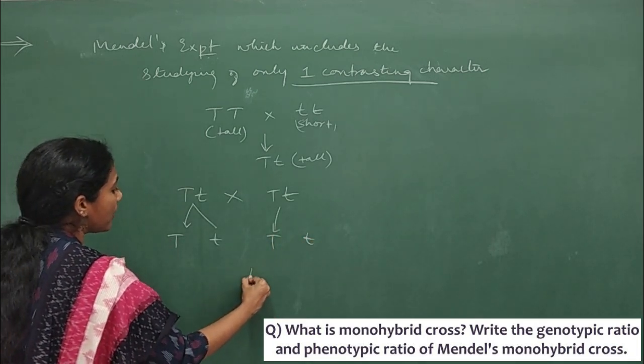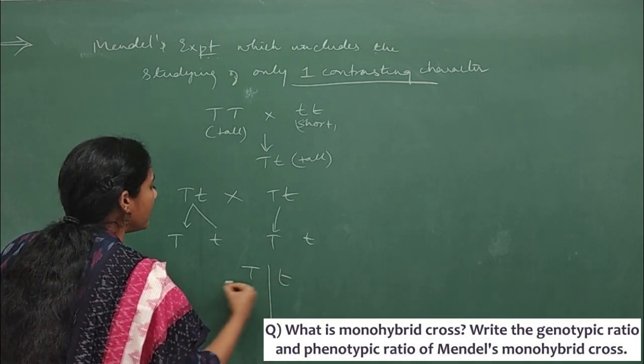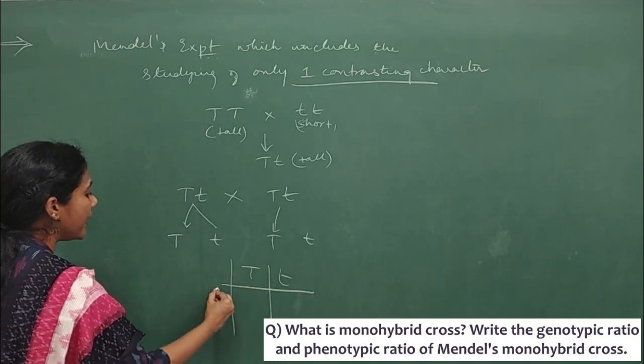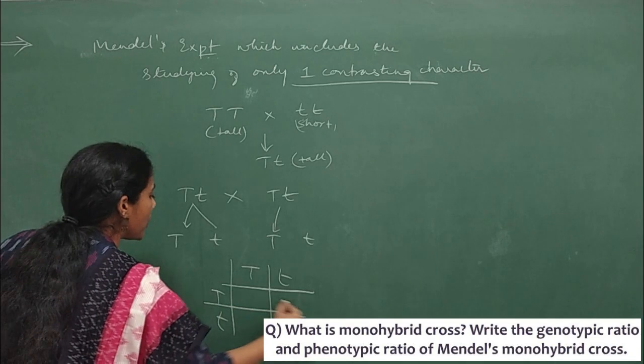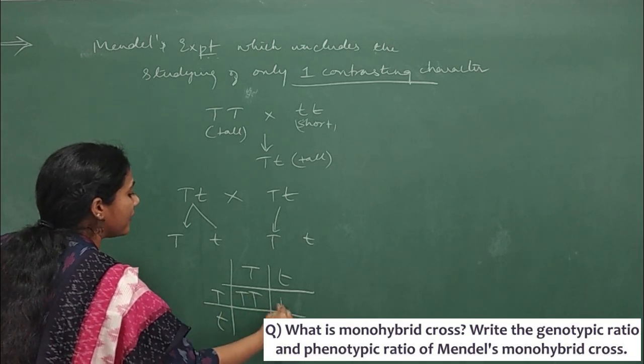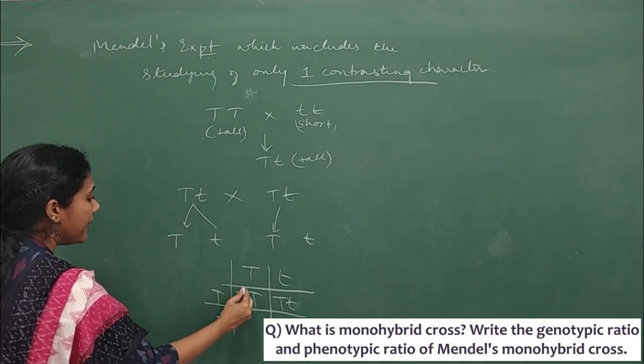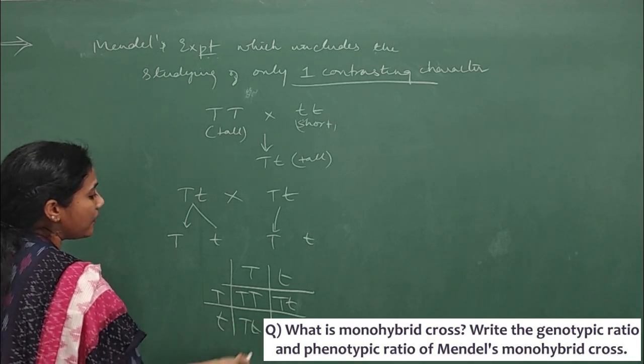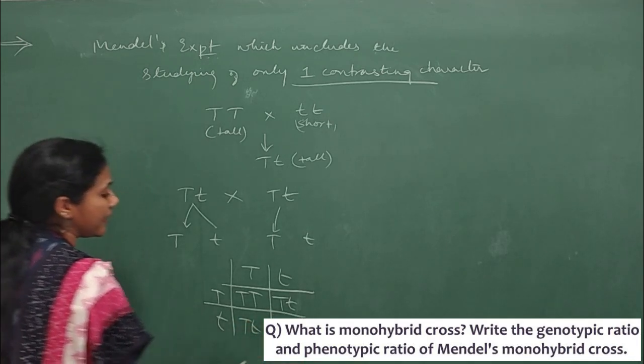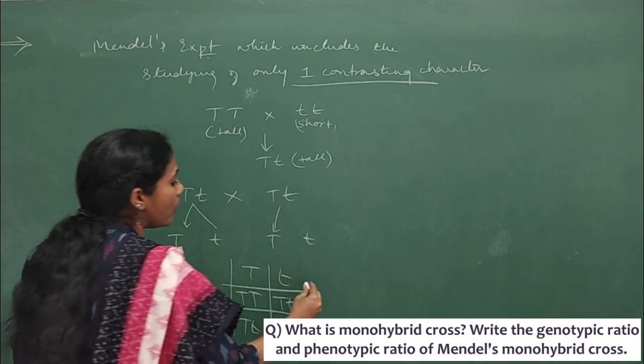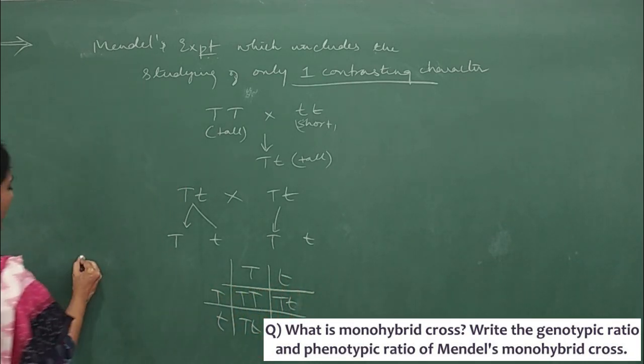So if you write a checkerboard, can you tell me what are the possible varieties you would get? When I write a checkerboard, I get a tall plant, again a tall plant, right? And capital T, tall plant, small t, right? Say, what is the genotypic ratio here?